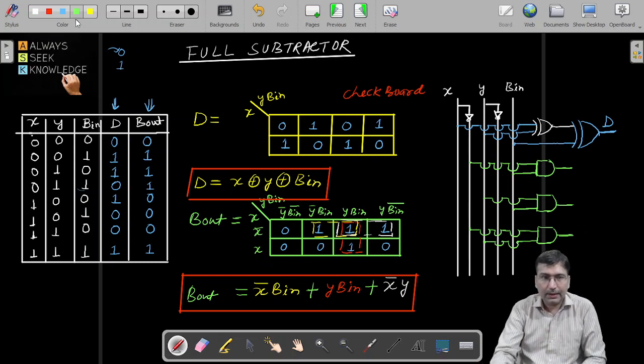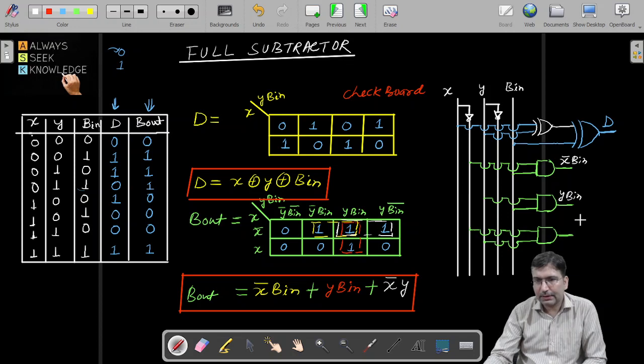And now we are getting it. So you write it. This is X bar and this is B in. This is Y and this is B in.